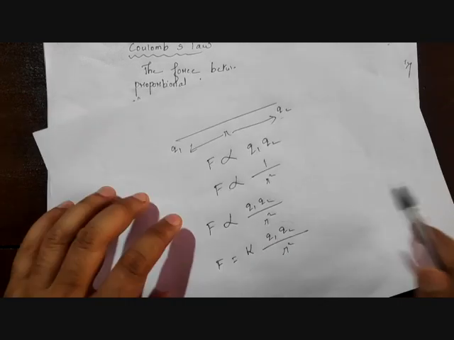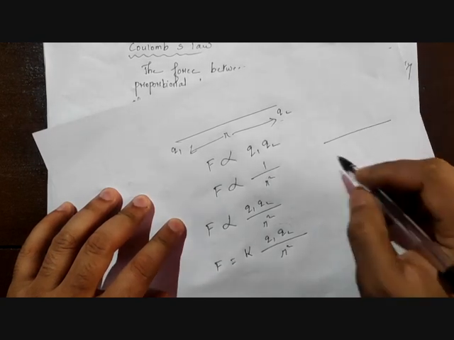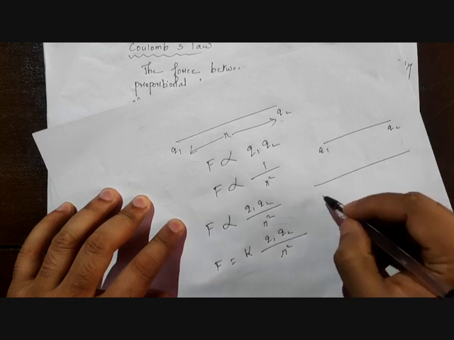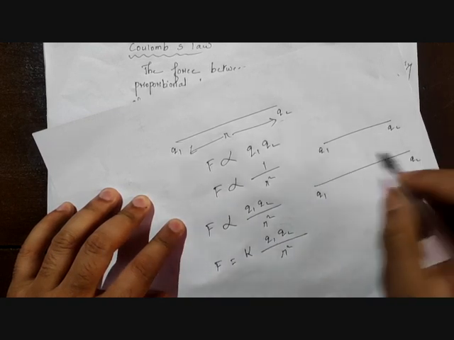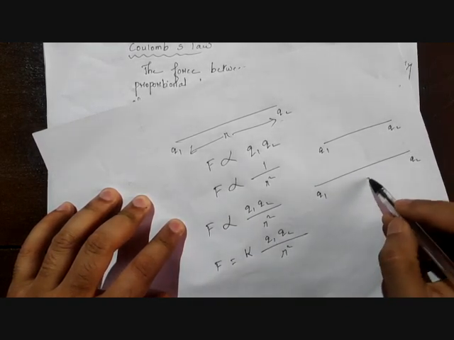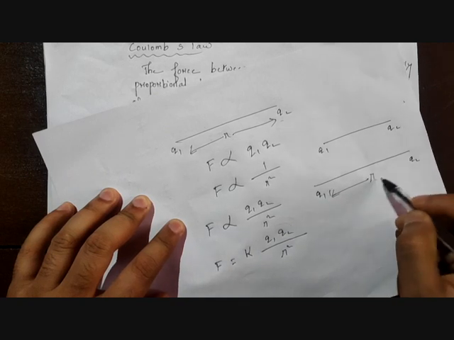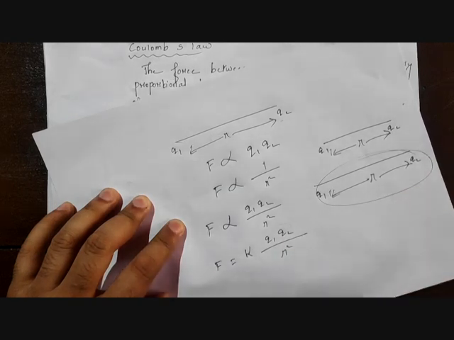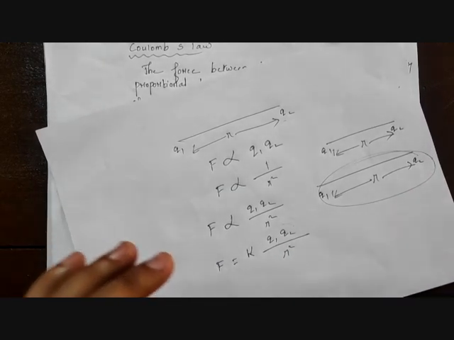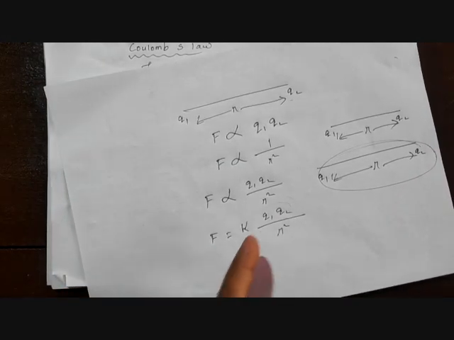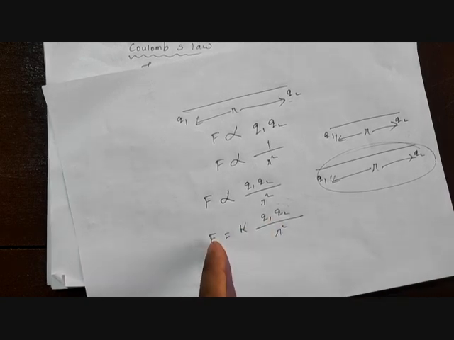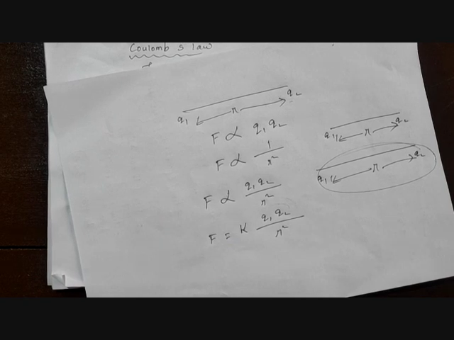See, suppose there is one charge here and another charge there, and here the distance is more. Directly proportional means that if charge increases, the force will increase. Clear? You have to know this.